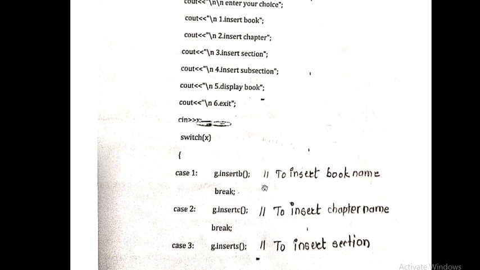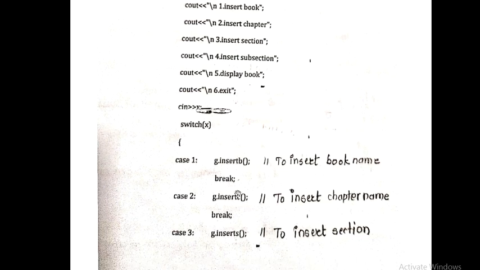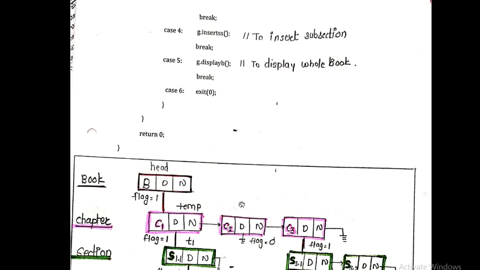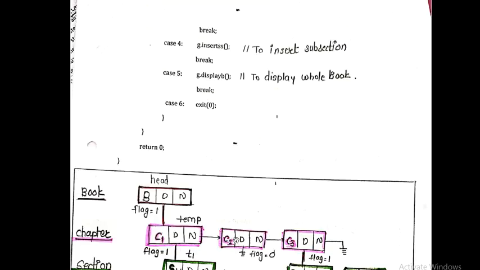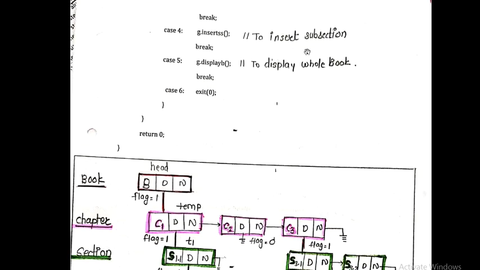In the same way, if the choice given by the user is 2, then we have to call the insert chapter function. For that purpose we are going to call the function insert c. For the section, we call the function insert s. For the subsection we use insert ss. For the display, we call the display book function, right?